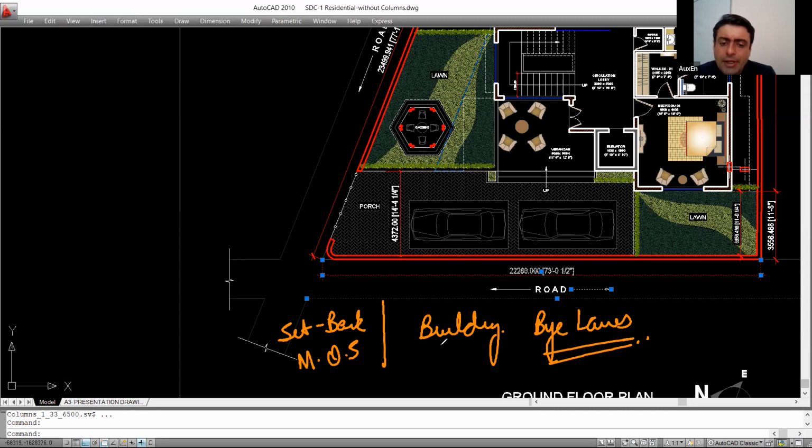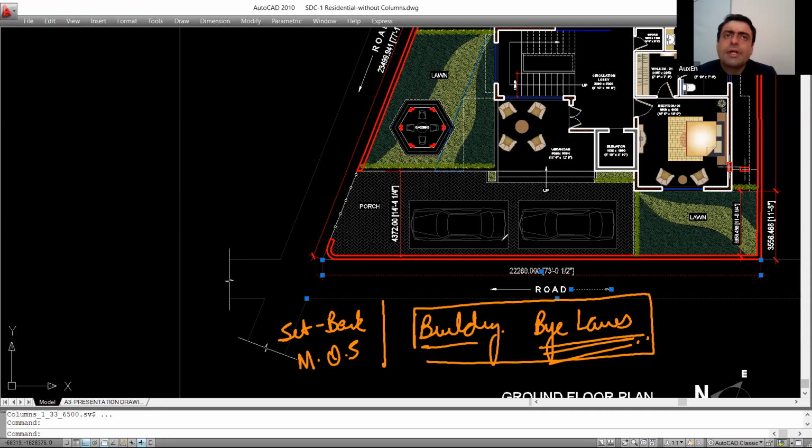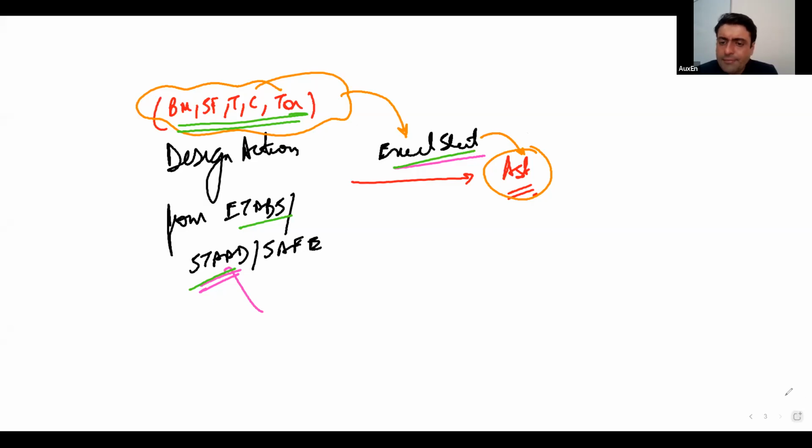These depend on the building bylaws. Every city will have a town and country planning department under the municipal corporation or under the development authority of your town or city, wherever you live. That is the statutory authority that decides the rules. So there has to be some setback or marginal open spaces. Again, these marginal open spaces depend on what?